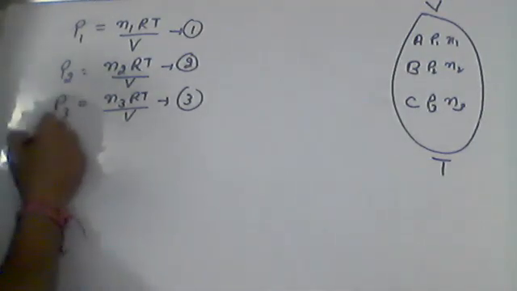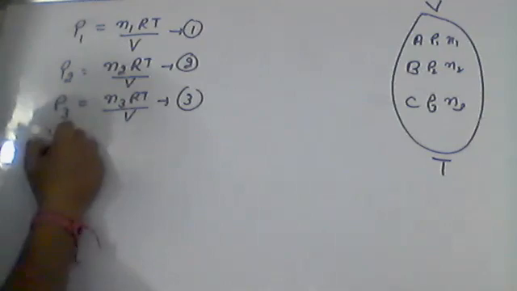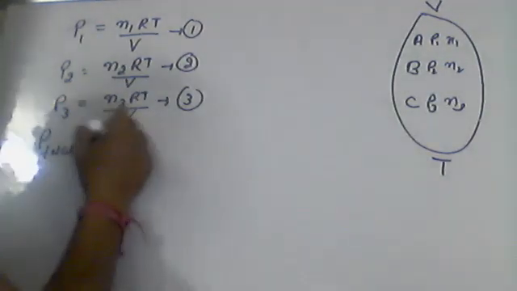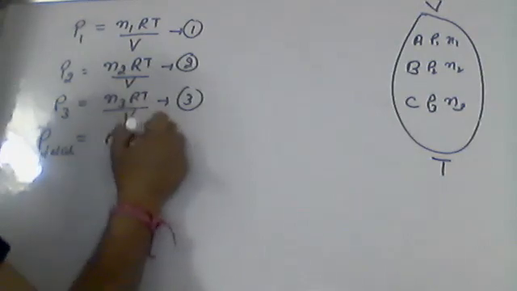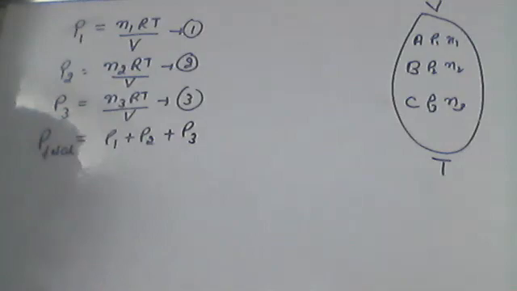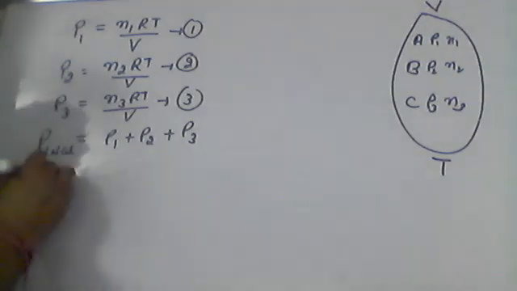According to Dalton's law of partial pressure, the total pressure is equal to P1 plus P2 plus P3.